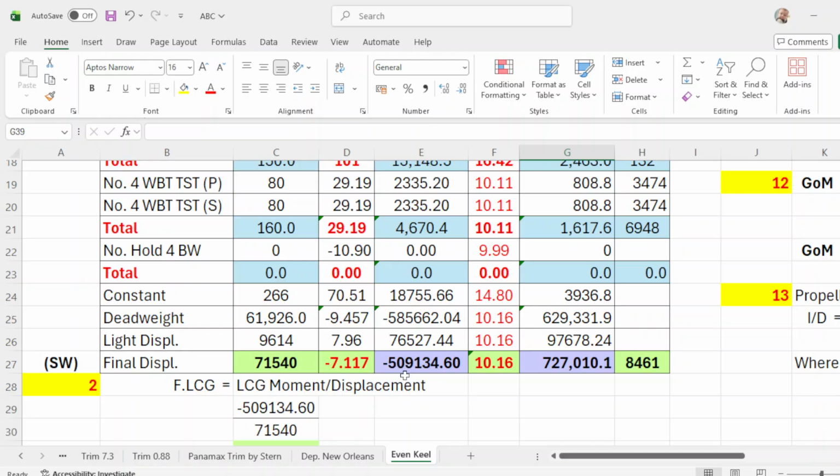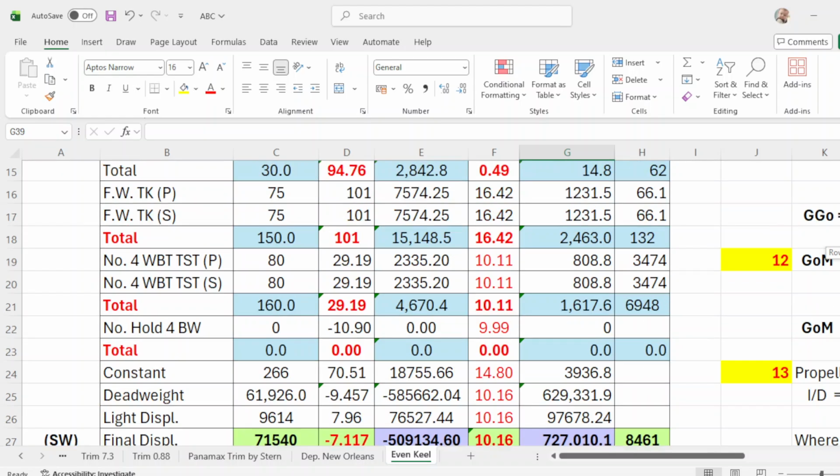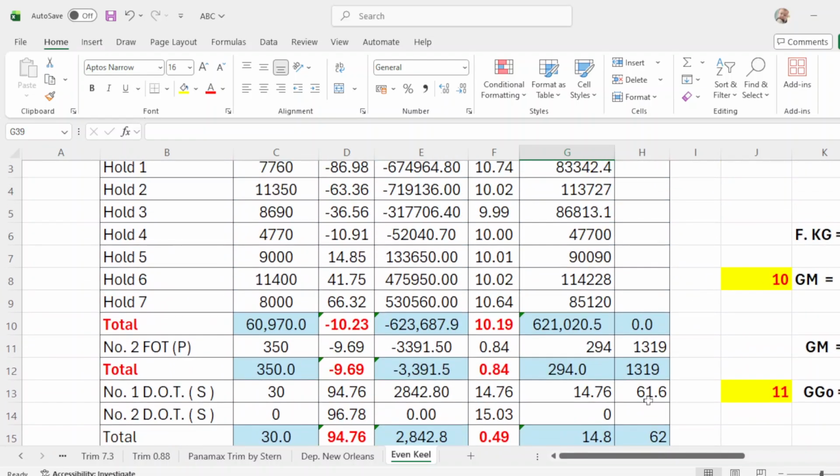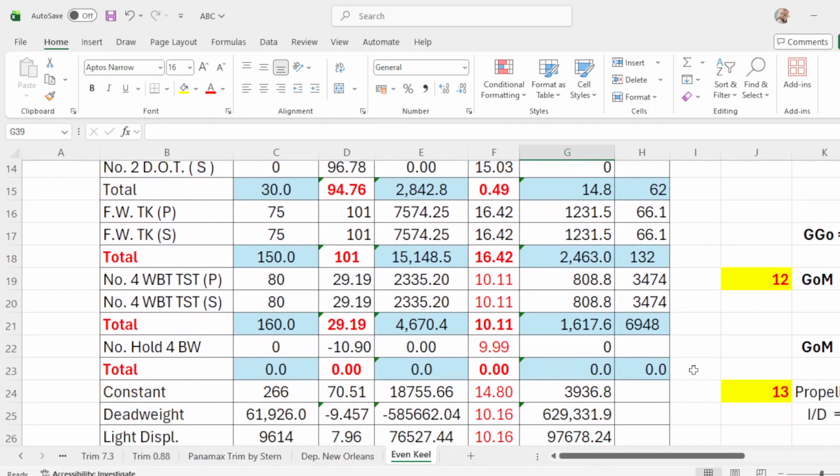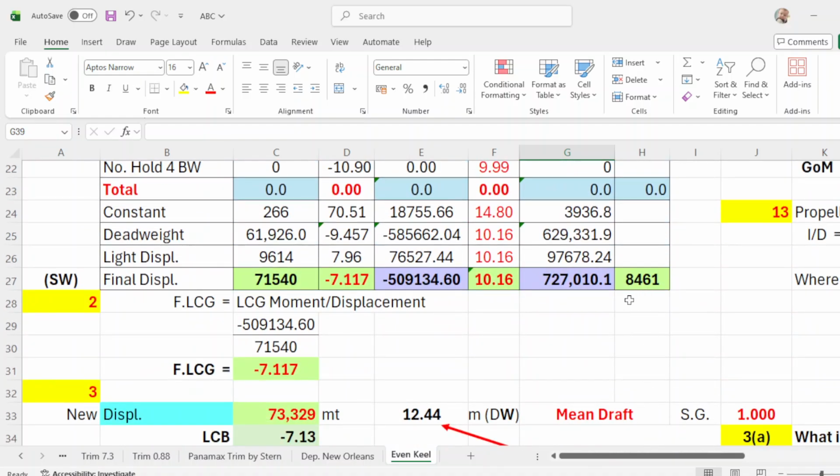This will be your LCG moment. This will be your kg, and this will be vertical moment. And the total free surface is 8,061, which total of this one is 8461.